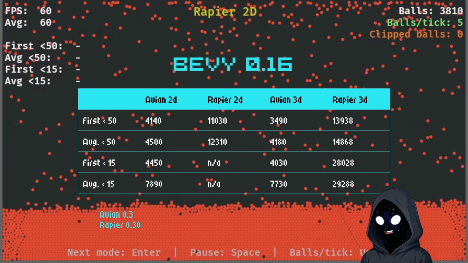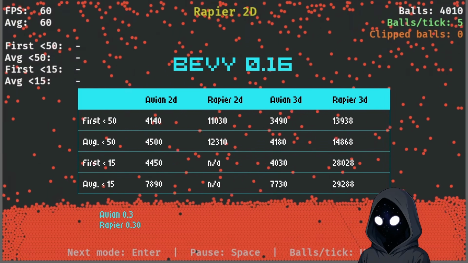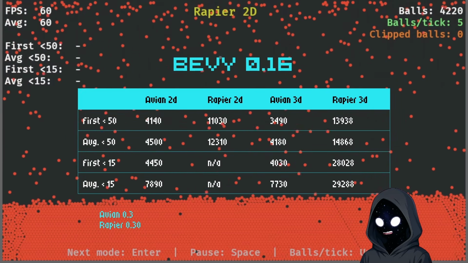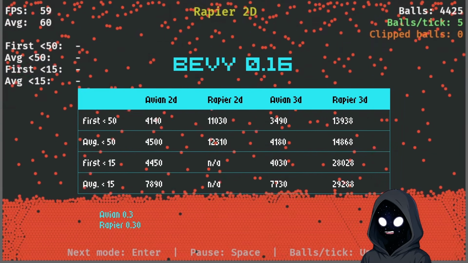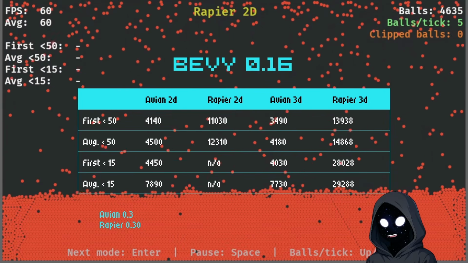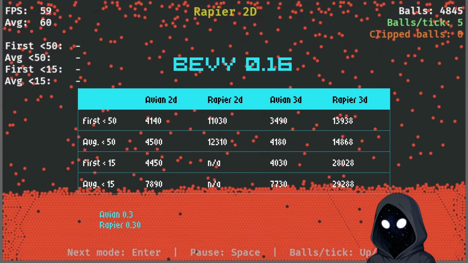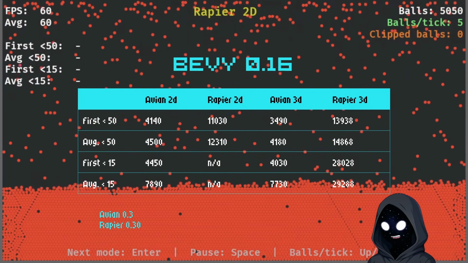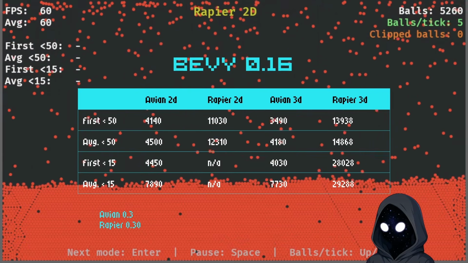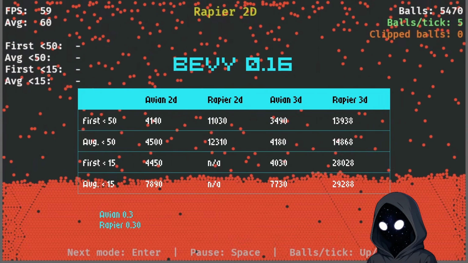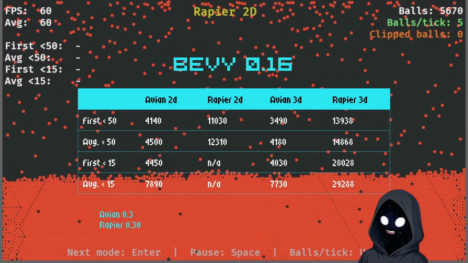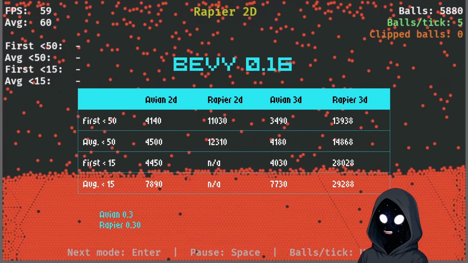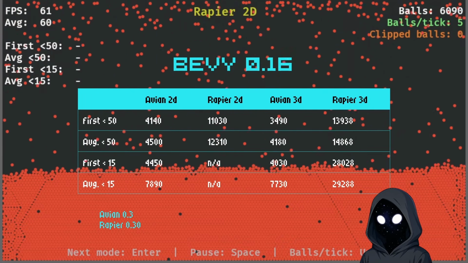Rapier 2D performs really well, as you can see in the background. We get 11,030 balls until we had the first frame drop below 50, and 12,310 balls until the average hits below 50.